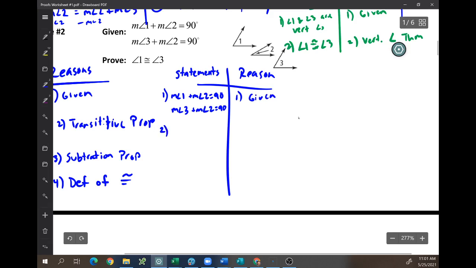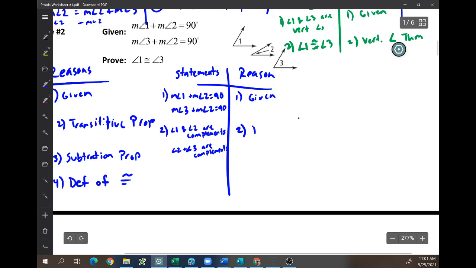And so then I could just say that because of that, angle 1 and angle 2 are complementary, are complements, and angle 2 and angle 3 are complements. Why?